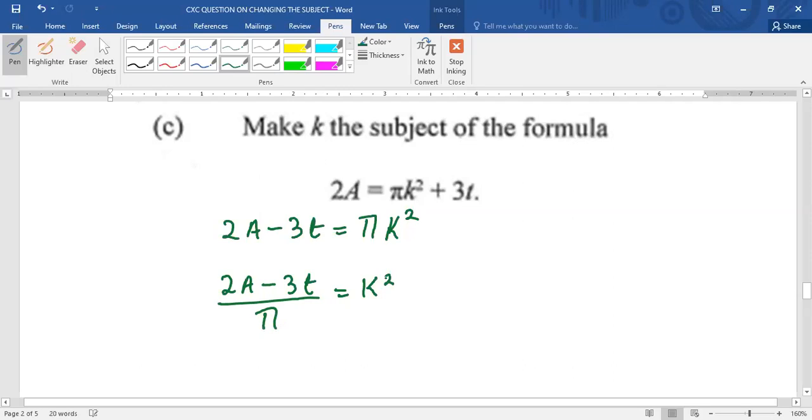Then we get rid of the square by taking the square root. So we get rid of the square, right?